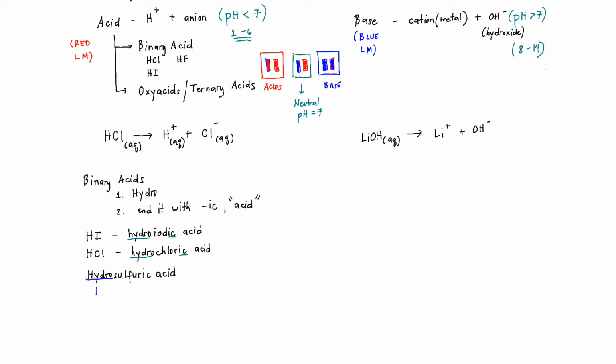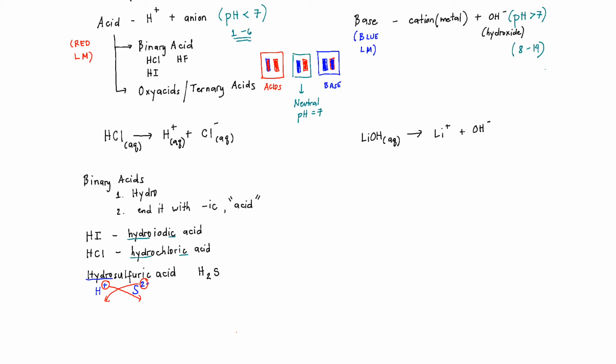So we have H positive, and then we use sulfide for the hydrosulfuric, and therefore we have S, and we all know that the charge of sulfur is 2 negative. Therefore, the formula for hydrosulfuric acid would be H2S. Remember, we have to crisscross the charge.